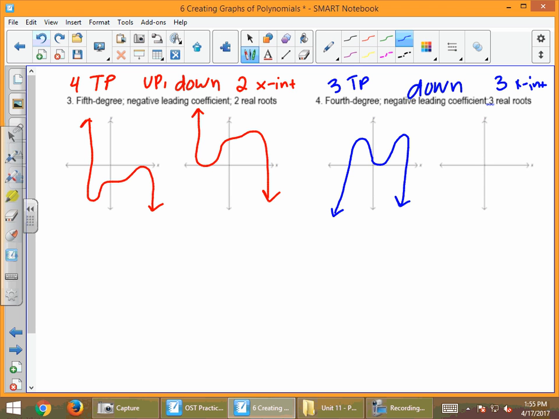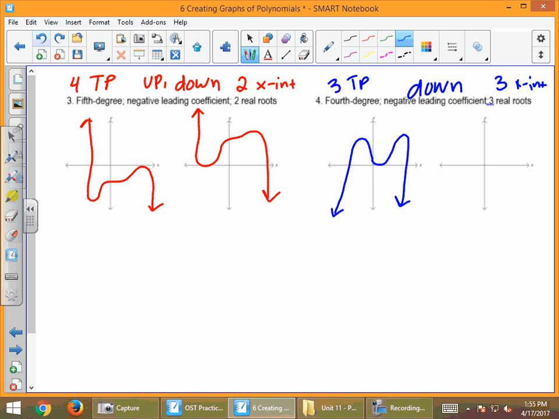If it's negative, both ends are going to point down. If it's odd, they have to point in opposite directions, and it's a flip-flop of what evens are. So if it's negative, it's actually going to start up. And if it is positive, it's actually going to start down. The other end will be opposite whatever the first end is.